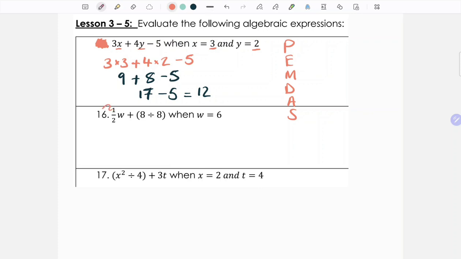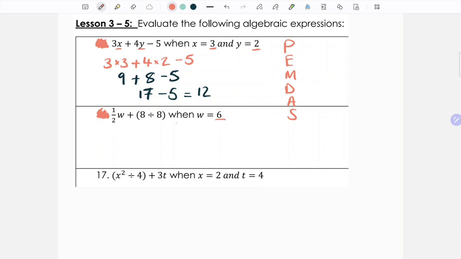Let's look at the second question. It's question 16. I'll just cross that out so you don't get confused. So again, substitution, we're just replacing the letter with a number. And we've got half W here. Half W means half times W. The W equals 6.